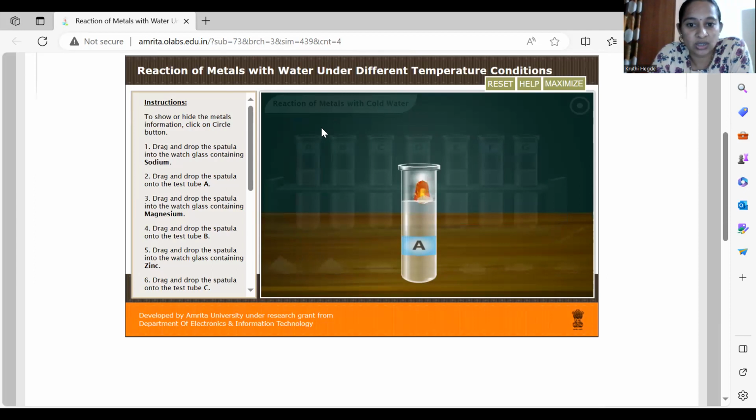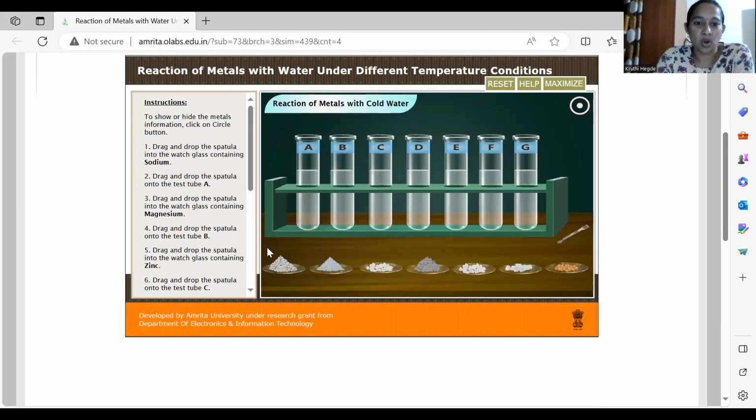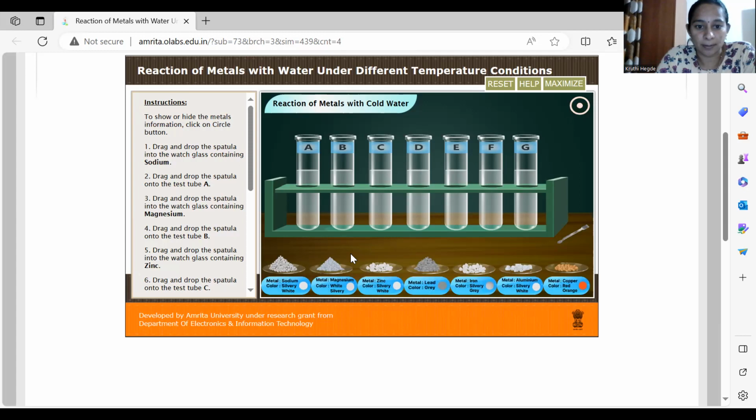You can see that it starts producing fire, because sodium reacts vigorously with cold water. So here sodium, silvery white in color, reacts vigorously with cold water.